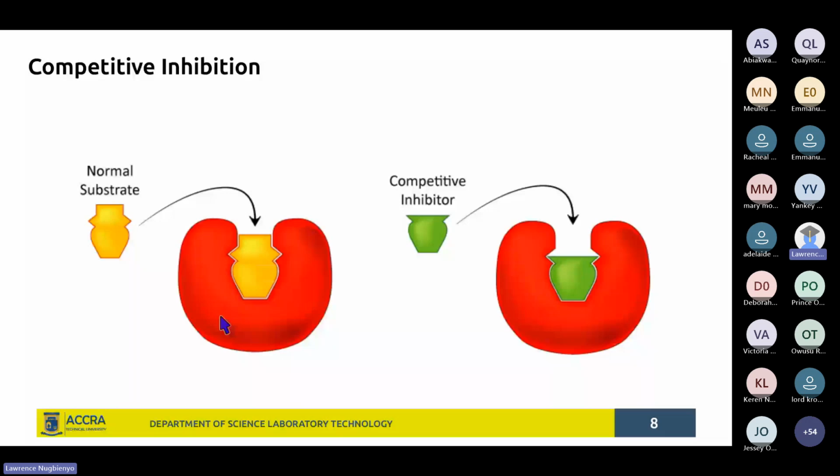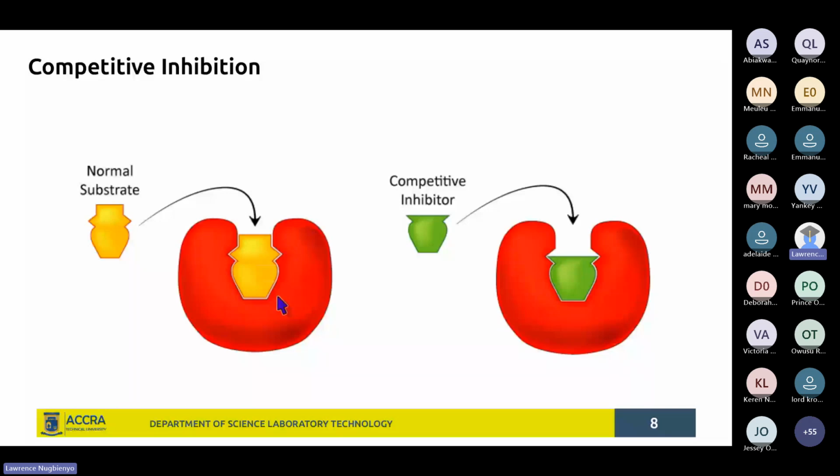Particularly, it is at that active site that you have the substrate binding. So this is being shown as if the red is the enzyme, and the groove in it is the active site. Then a normal substrate comes into that active site, gets bound onto the enzyme, there is a reaction on the substrate, and the substrate can be converted into a product. So you have that interaction between the enzyme and the substrate.